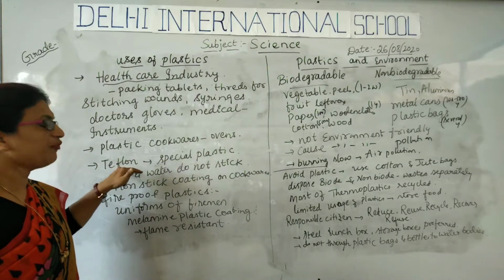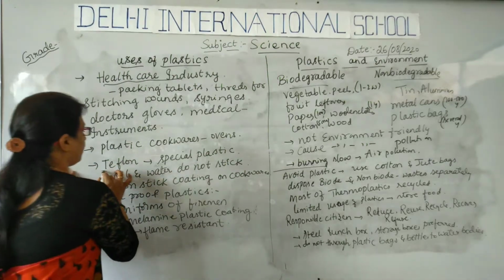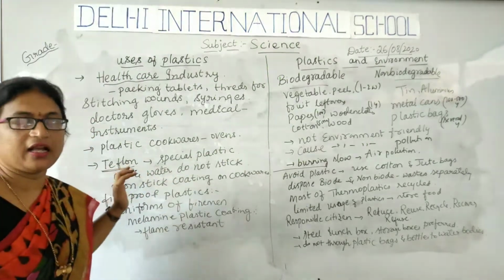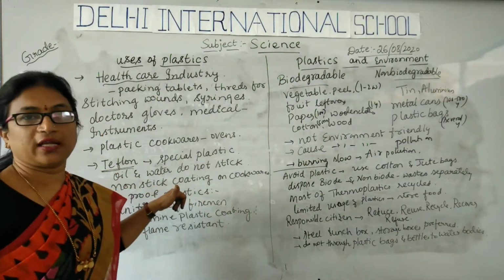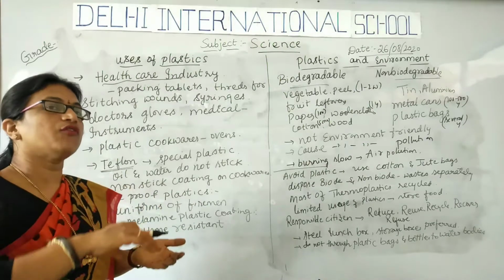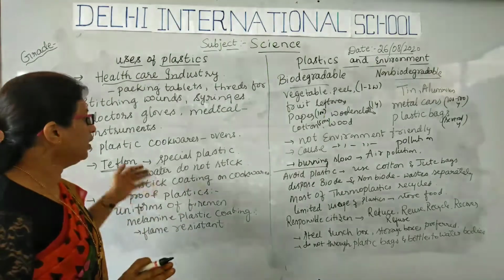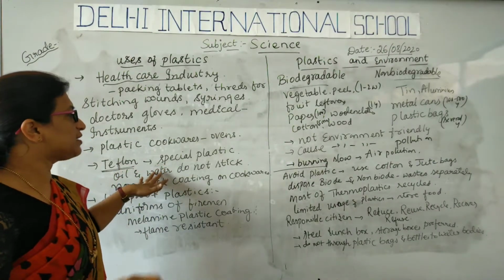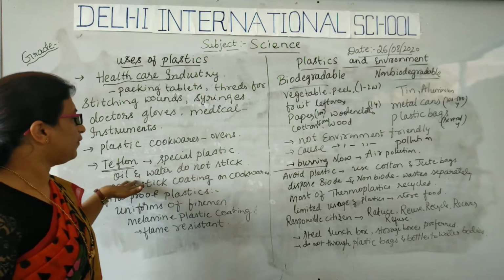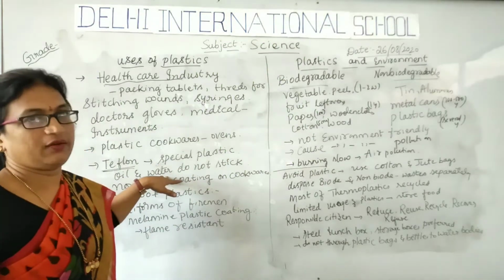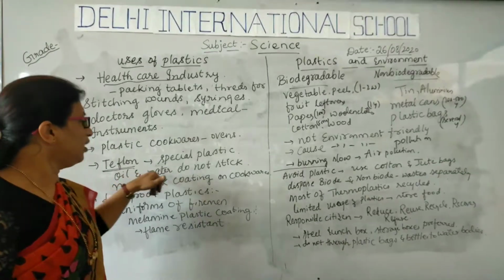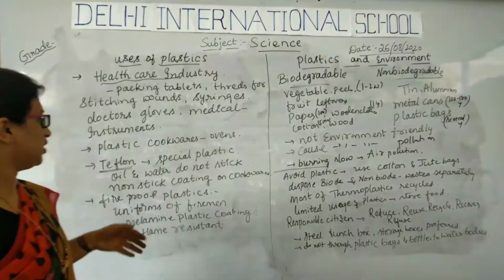Some plastics, such as Teflon, a special type of plastic, are used as a non-stick coating on cookware, which does not let oil and water stick.